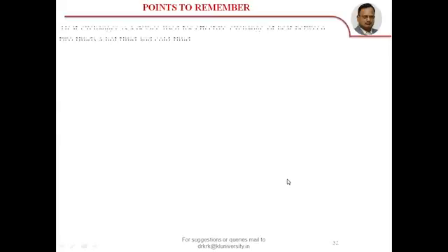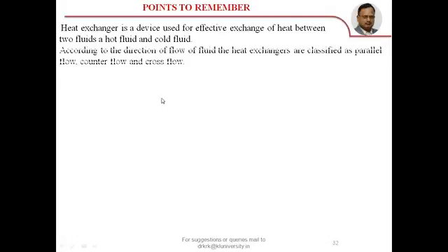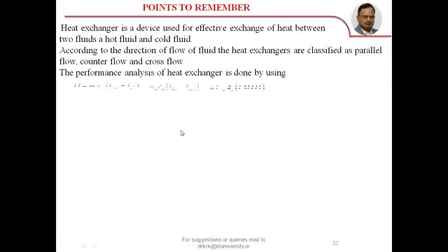Now let us quickly have a look at what we have learned till now in the heat exchanger chapter. Heat exchanger is a device used for effective exchange of heat energy between two fluids, a hot fluid and a cold fluid. Depending on the direction of flow, they are classified as parallel flow, counter flow or cross flow. The performance analysis of heat exchanger is done by using three fundamental equations.